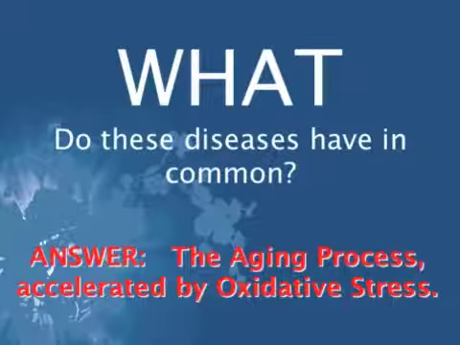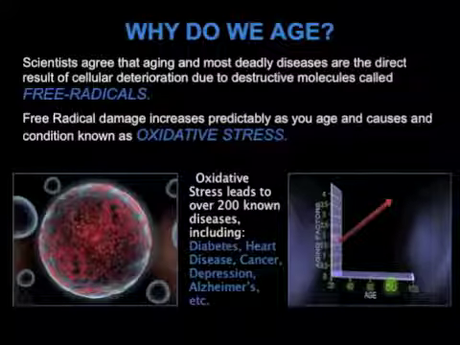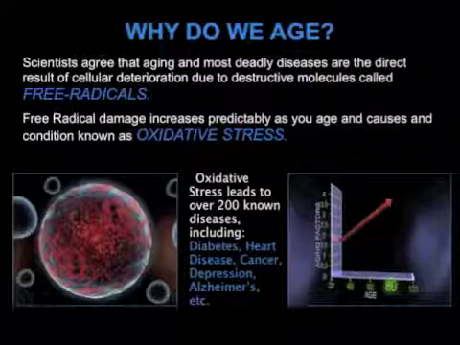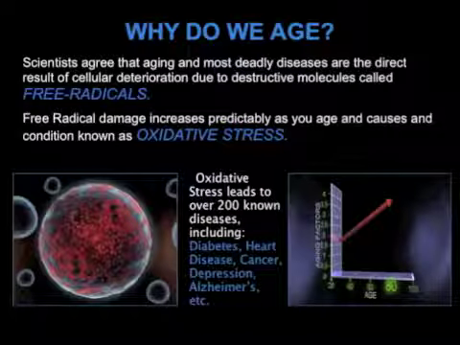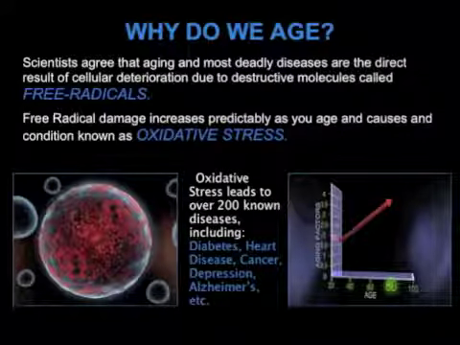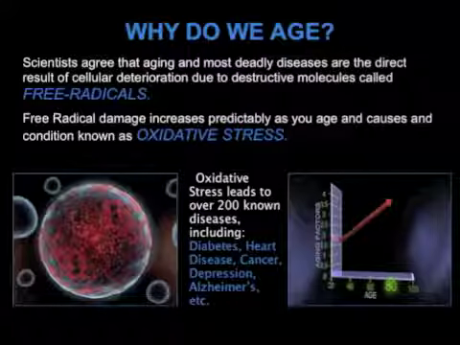Oxidative stress is the term used for free radical damage, excessive free radical damage. So why do we age? The prevailing theory now on the aging process is this free radical equation. Scientists agree that aging and most deadly diseases are the direct result of cellular deterioration due to destructive molecules called free radicals.